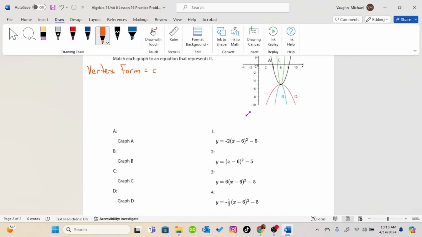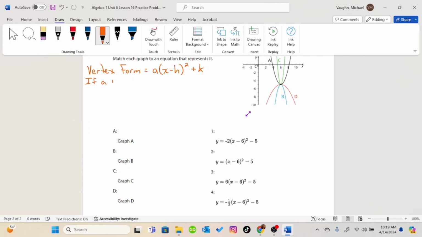Vertex form is a times (x minus h) squared plus k. Now all four of them have the same vertex, so h and k are not important here. What we're comparing is going to be a.